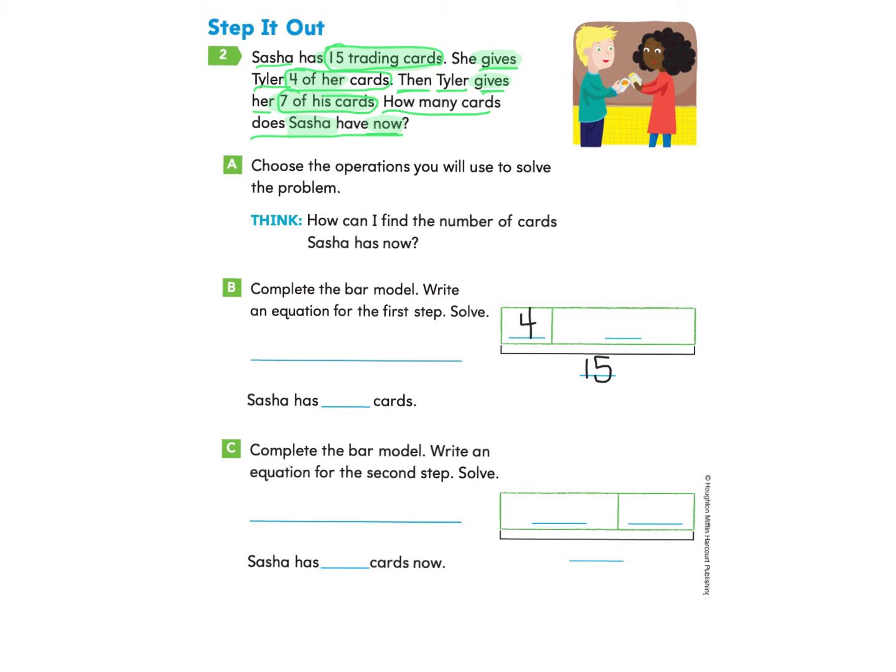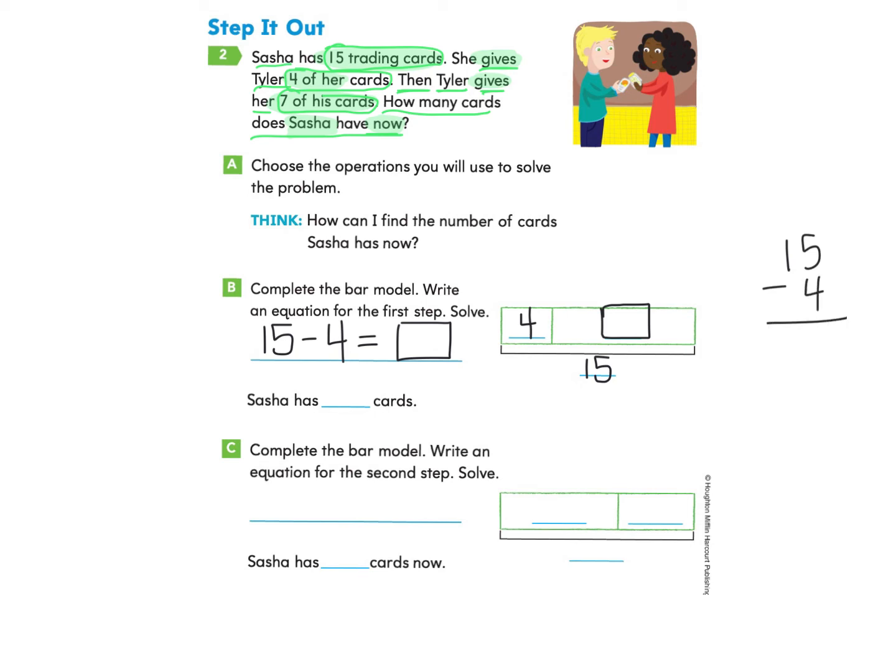She gave away 4 cards. So what we don't know is what she had when she was done giving away those cards. So let's go ahead and make an equation. We have 15, the amount of cards that she has. We're going to take 4 away. And when we take 4 away from 15, what do we have? We have this unknown number. So let's solve that equation. 15, take away 4.